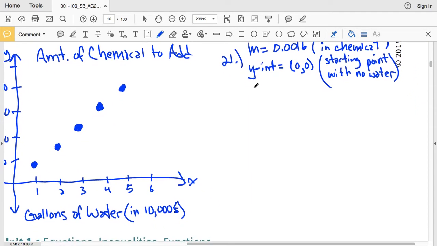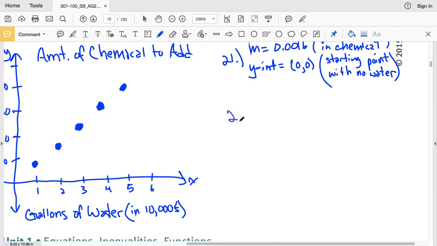So let's go ahead and do that. So we'll say number 22. We're going to say y is equal to 0.0016 times 120,000 gallons of water.